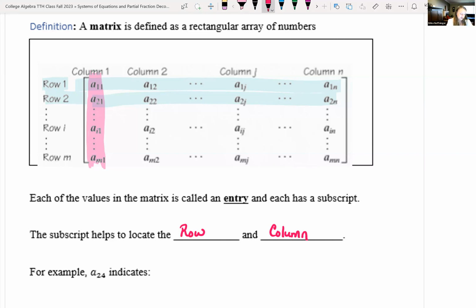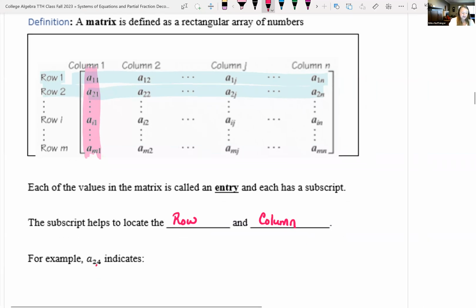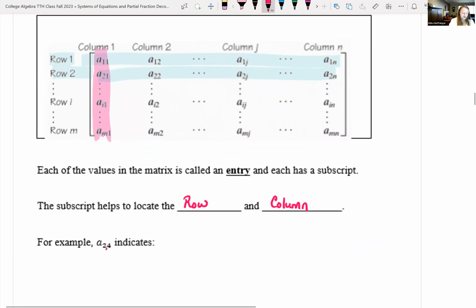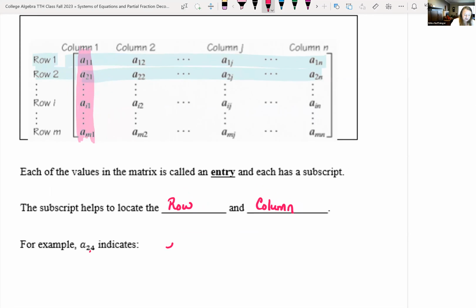So for example, if you saw A sub 2, comma 4, this is going to indicate that we're looking at the 2nd row, 4th column. So the entry in the 2nd row and 4th column.